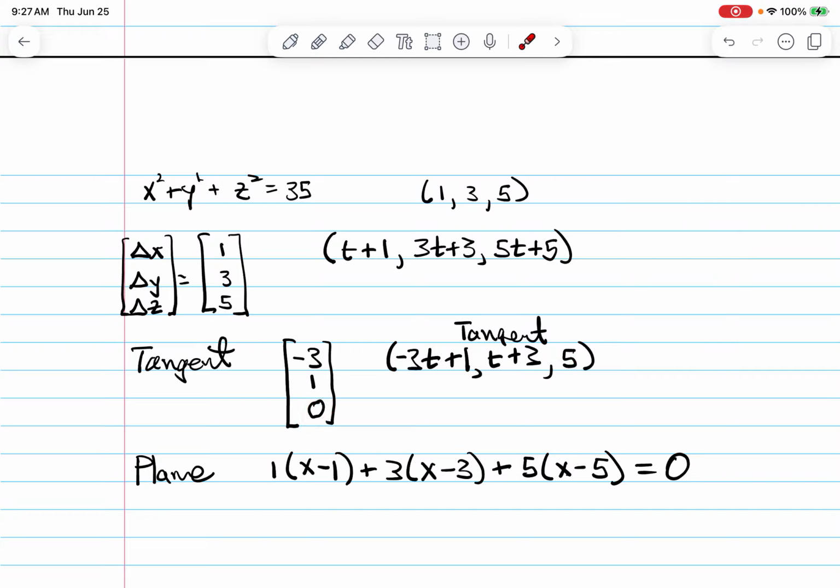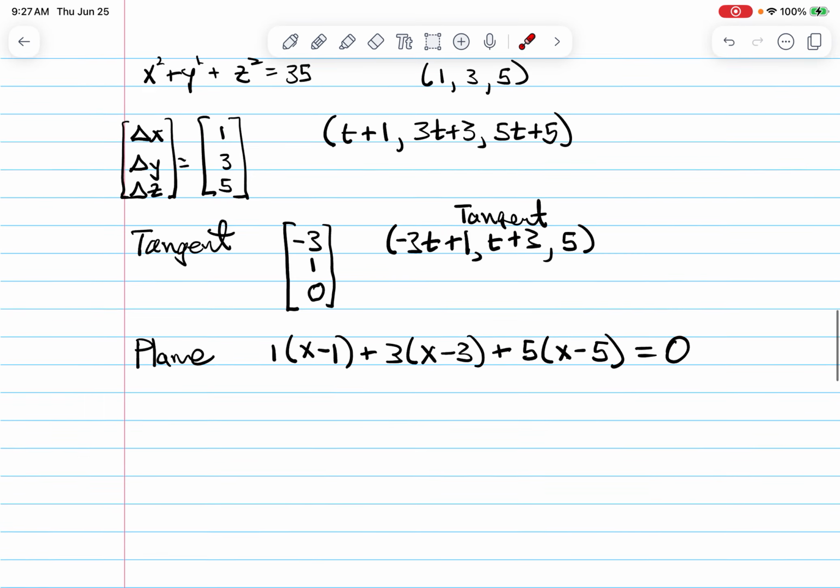Now, to get the plane, I've got my perpendicular, delta x, delta y, delta z, and I get another delta x, delta y, delta z on the plane.